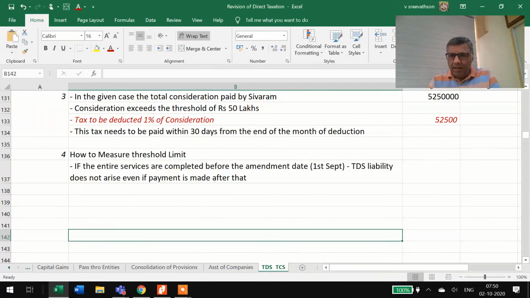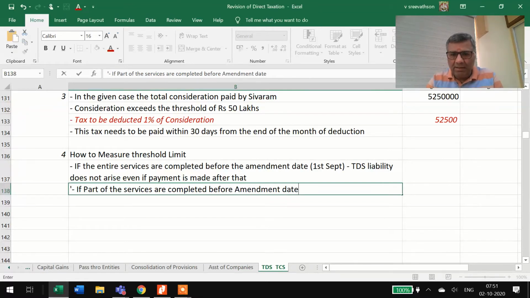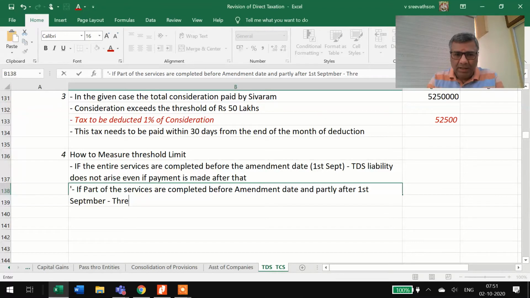I will explain 194N again. Even if payment is not there. If part of the services are completed before the amendment date and partly after 1st September, the threshold limit will be measured in total.